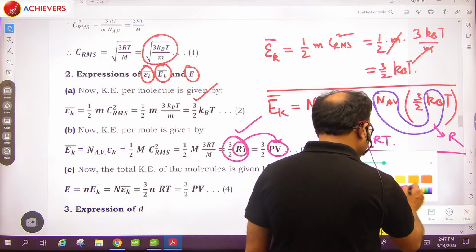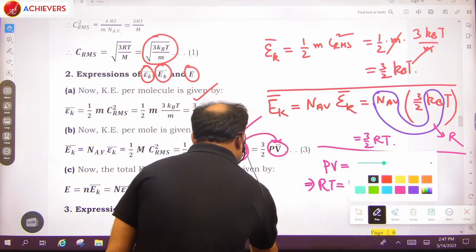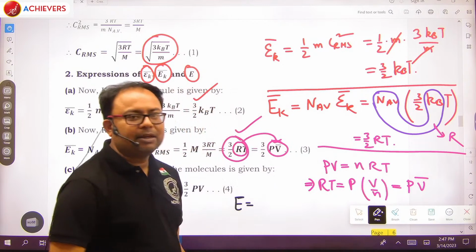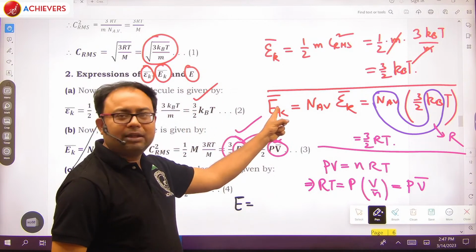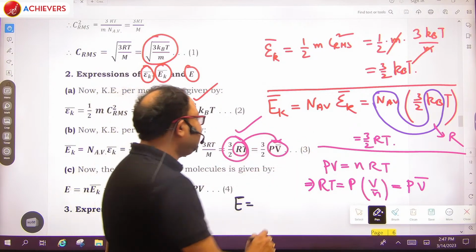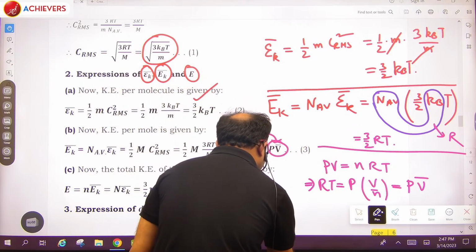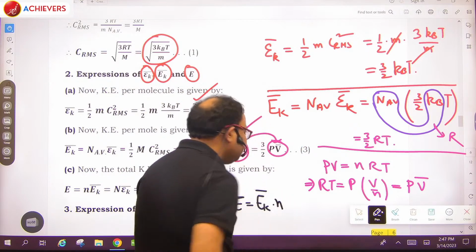Now you need to calculate the total kinetic energy. The total kinetic energy is very simple. You have got the molar kinetic energy, so you just need to multiply this molar kinetic energy by number of moles.